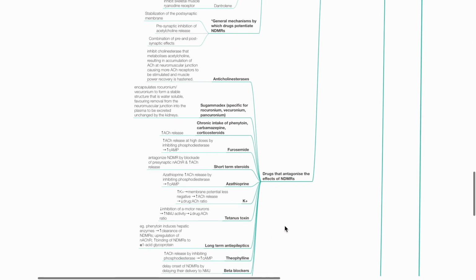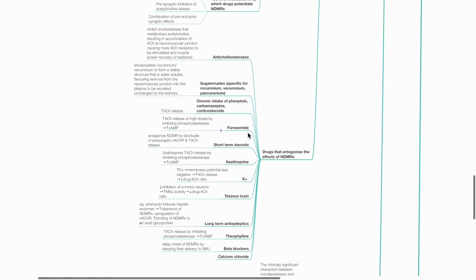Drugs that antagonize the effects of non-depolarizing muscle relaxants include anticholinesterases, sugammadex, chronic intake of phenytoin, carbamazepine, and corticosteroids, furosemide, short-term steroids, azathioprine, potassium, tetanus toxin, long-term antiepileptics, theophylline, beta blockers, and calcium chloride, with their mechanisms listed here.